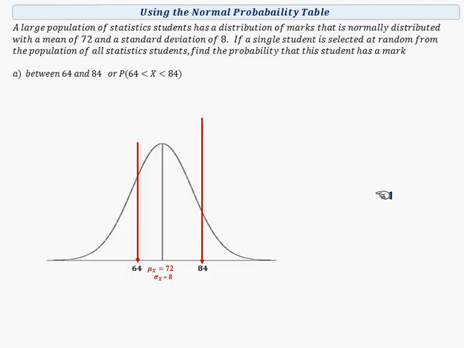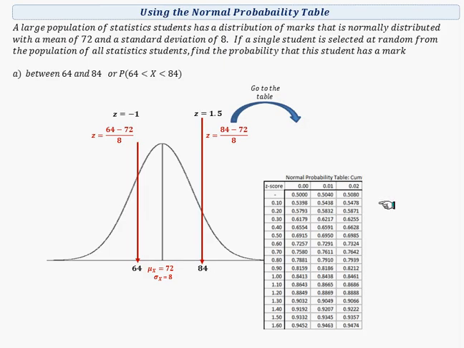Now under the same scenario, to get an x value between 64 and 84, we have the specifics coming on the screen here. 64 is our x value, z equals minus 1 to z equal to plus 1.5. Go to the table, and we're looking at the positive values, 1.5 z-score, and you can see here that area is 0.9332, and that's accumulations from the left.